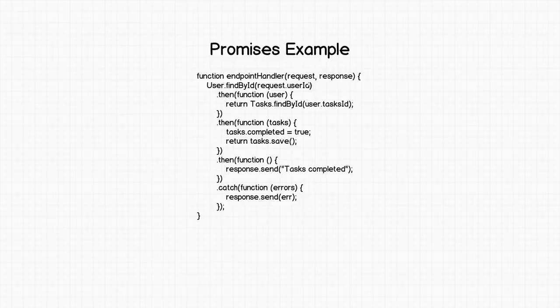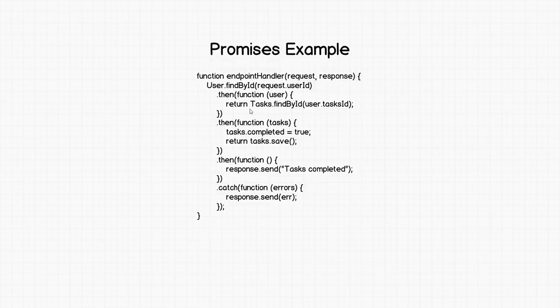So you can pretty much read it like this: user.findById requires that user ID, started this process, and then once it's actually completed, only then do you do whatever the code is over here. So when that's done, we can get a handle on that user's object, and then we can do something.